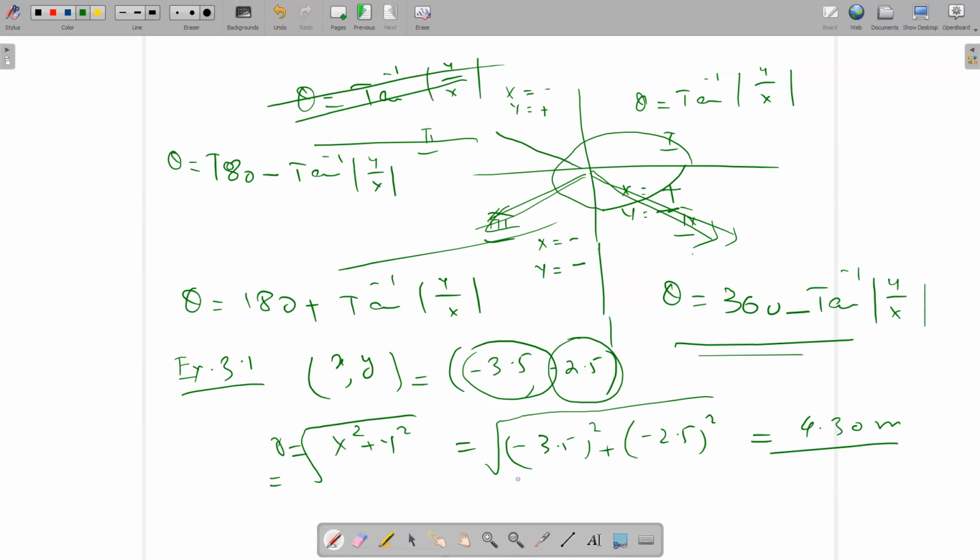So we will apply the formula theta is equal to 180 plus tan inverse y over x, with y without the negative sign, 2.5 divided by 3.5. You can solve it and get the answer. So you can find the value of R and theta in this way.